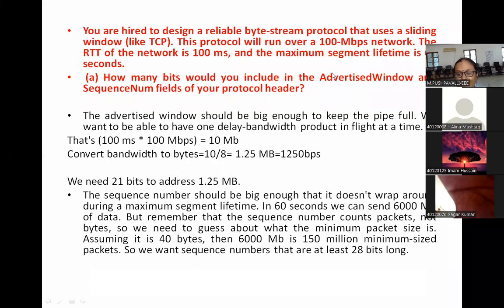And we told you that the maximum segment lifetime is 60 seconds. So in 60 seconds, you all know the 10 MB data per second means 6000 MB of data will be sent.